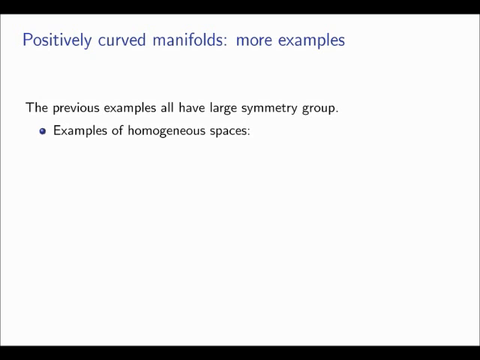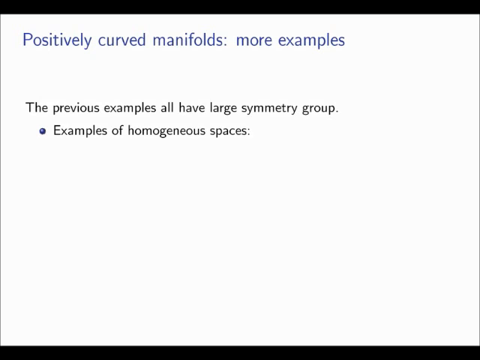This is the homogeneous space. The homogeneous space means that for any two different points on your manifold, there is an isometry that moves one point to the other. An isometry is a transformation of the manifold that keeps the metric.